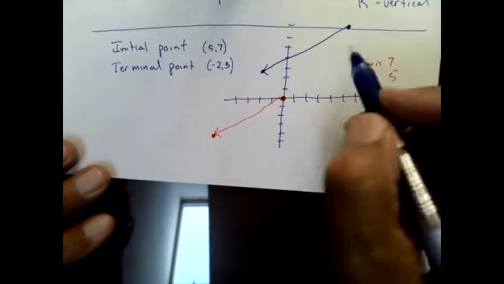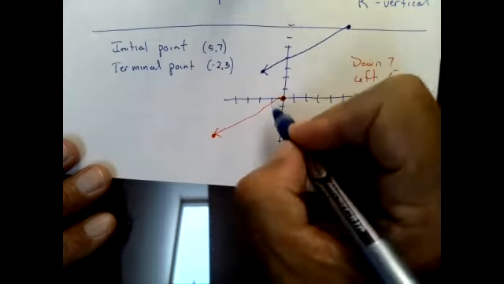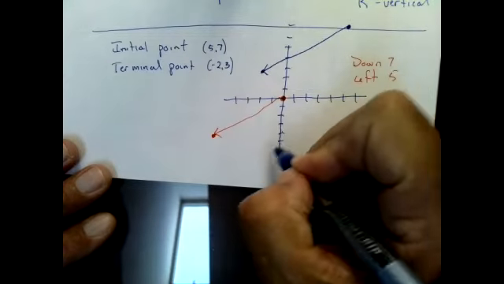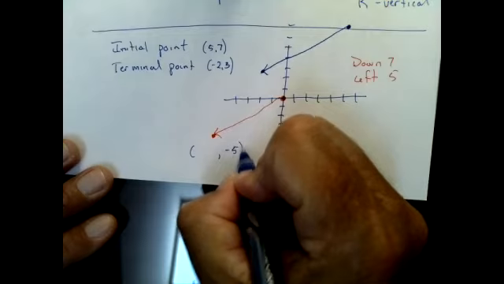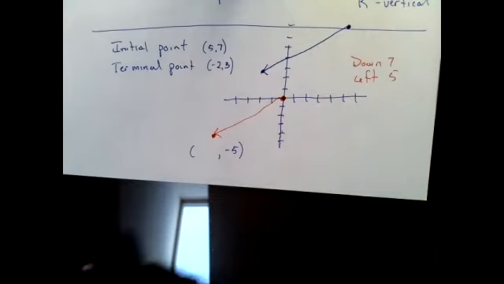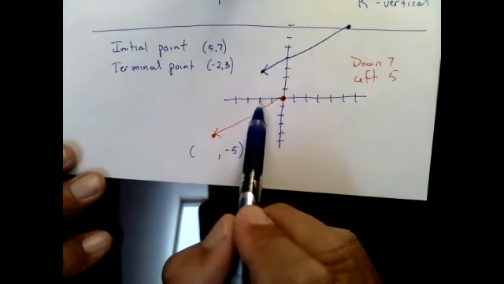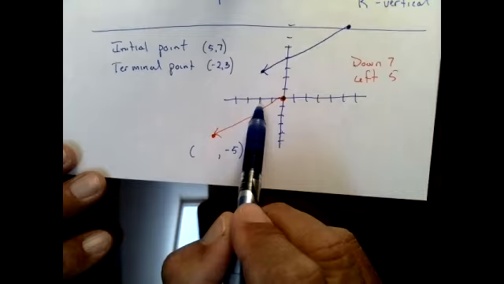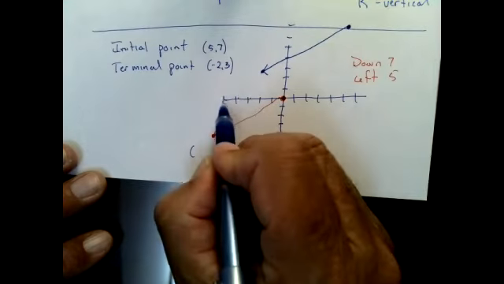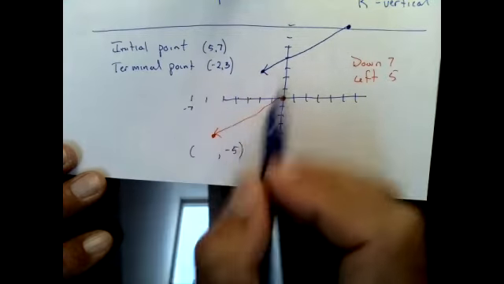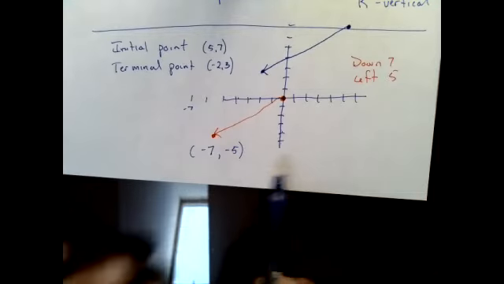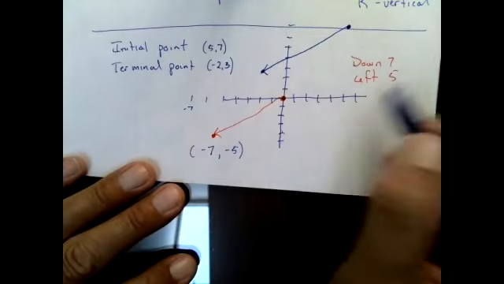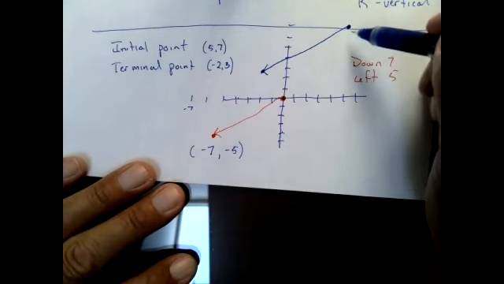Again, I could just count. The y value is -5, and I went left 5 from -2, so looks like -7. But I did draw sloppy, so let me double check.